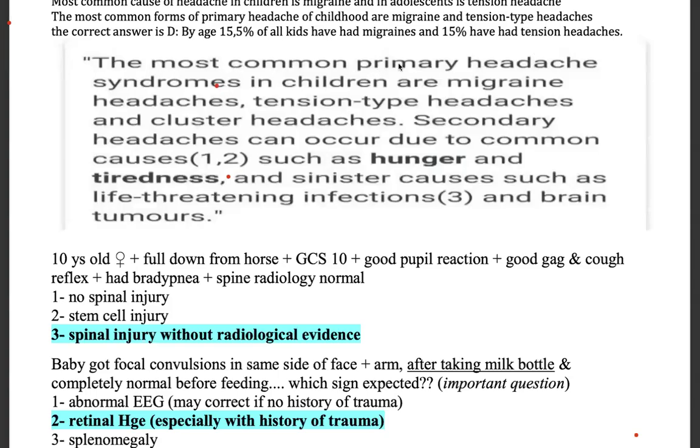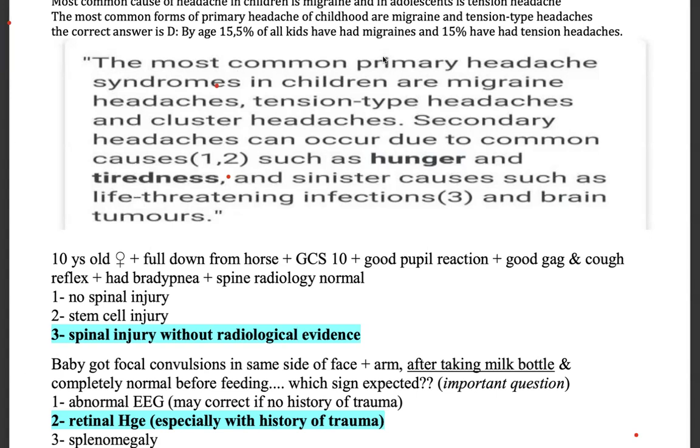The most common primary headache syndromes in children are migraine headaches, tension-type headaches and cluster headaches. Secondary headaches can occur due to common causes such as hunger and tiredness, and sinister causes such as life-threatening infections and brain tumors.